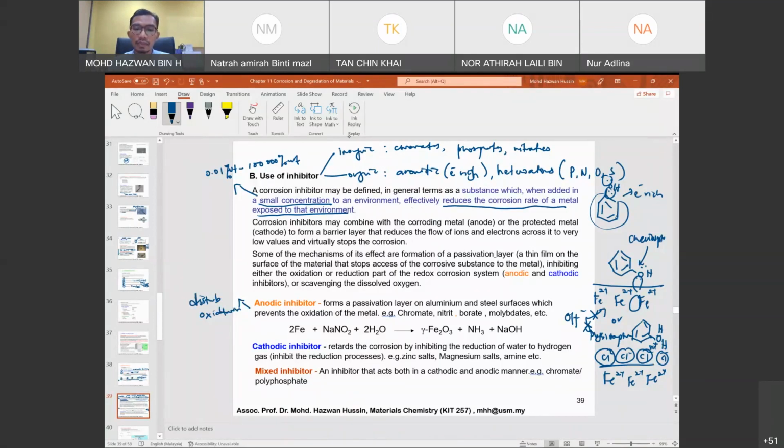Meanwhile, a cathodic inhibitor is a type of inhibitor that disturbs the reduction process. And you can also have a mixed inhibitor, which disturbs both oxidation and reduction processes.